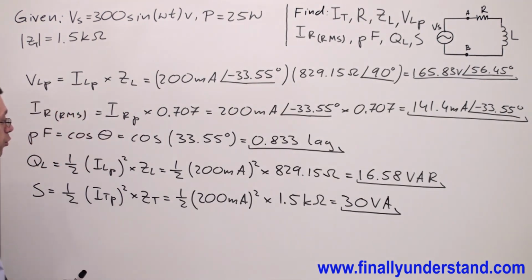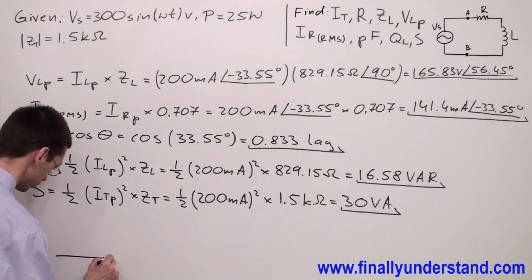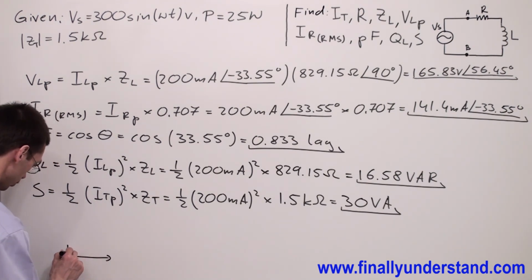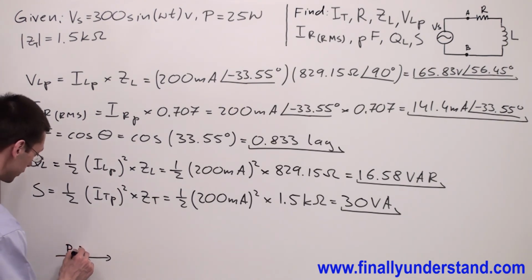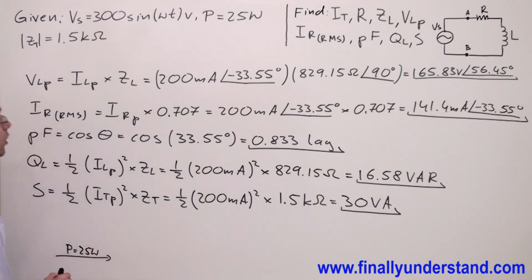So, if you want to draw the power triangle, you're supposed to simply draw the true power, which is equal 25 watts.